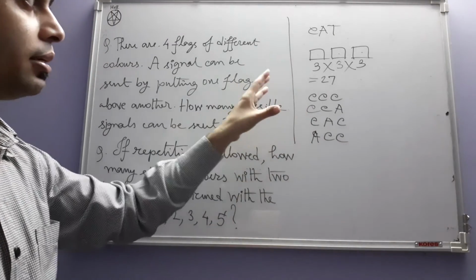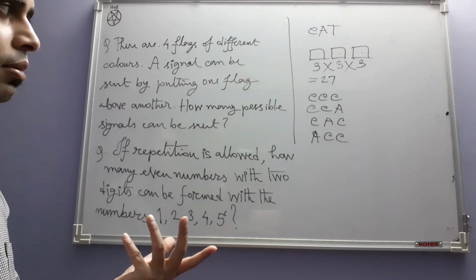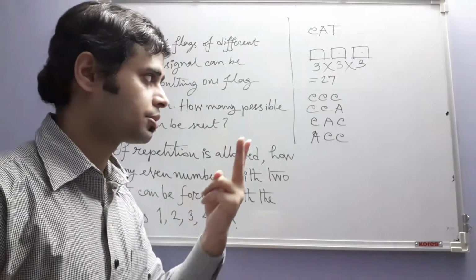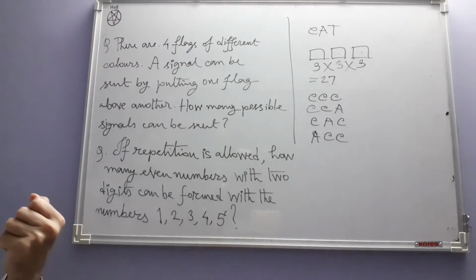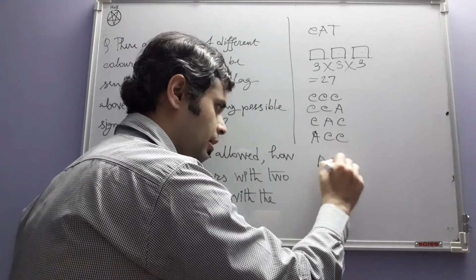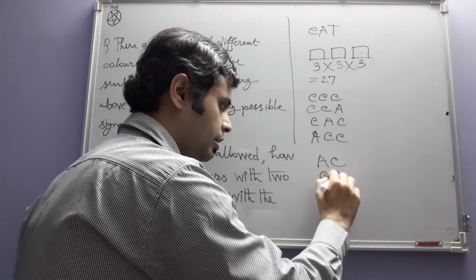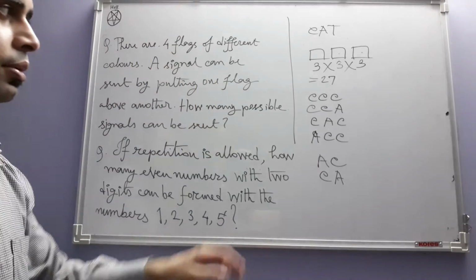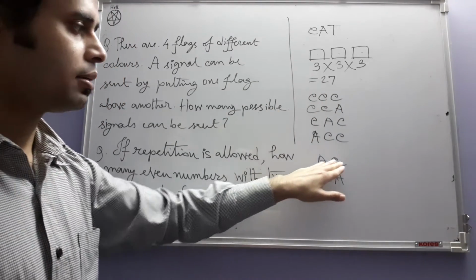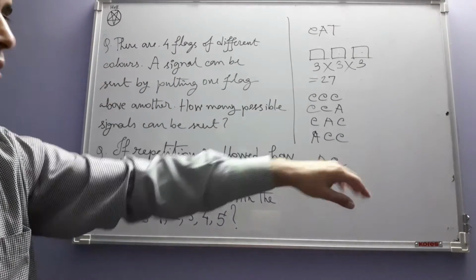Previously, using only A and C, we were able to write down only 2 arrangements, AC and CA, but now, since repetition is allowed, we can write many.